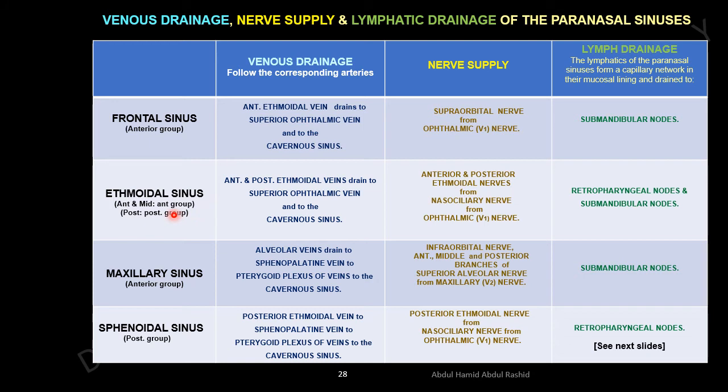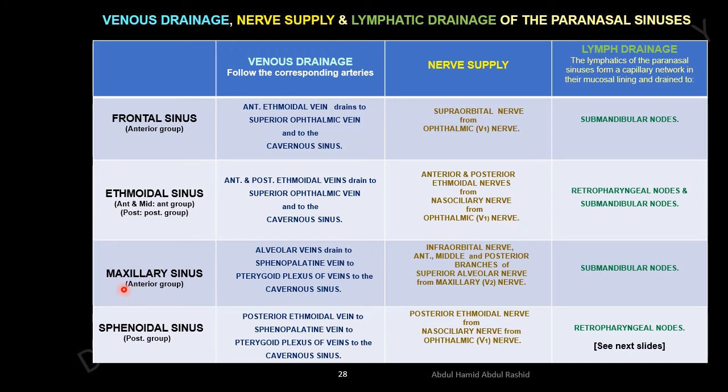Next is the ethmoidal sinus. Nerve supply is the anterior and posterior ethmoidal nerves from the nasociliary nerve, which is from the ophthalmic nerve, first division of the trigeminal nerve.